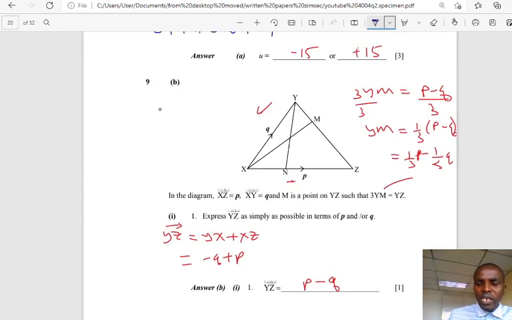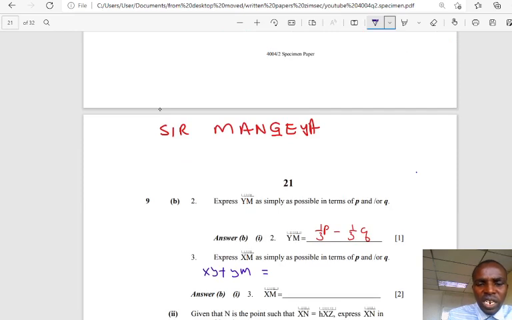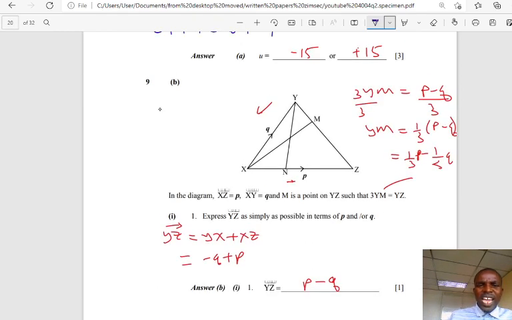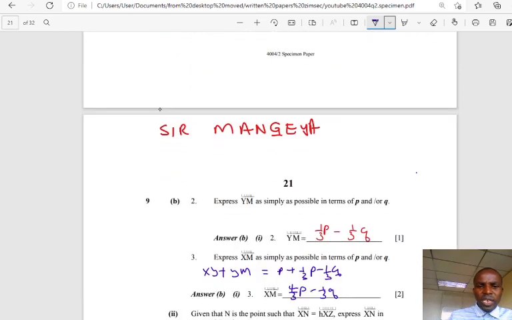So xm is q plus ym, which we've worked out here: q plus 1 over 3p minus 1 over 3q. So simplifying this, xy is q, not p, so this one is supposed to be q here.